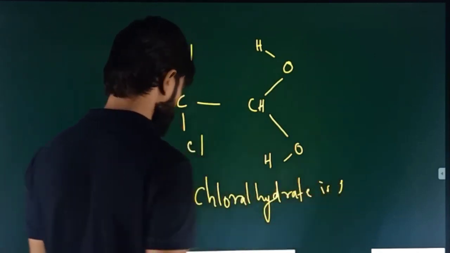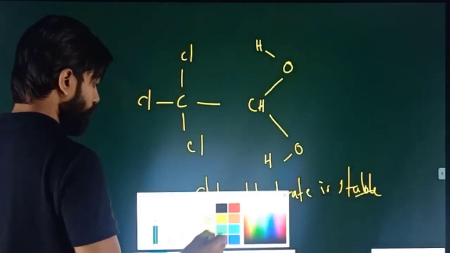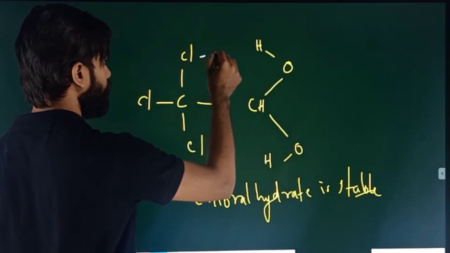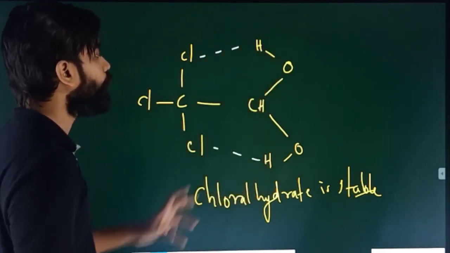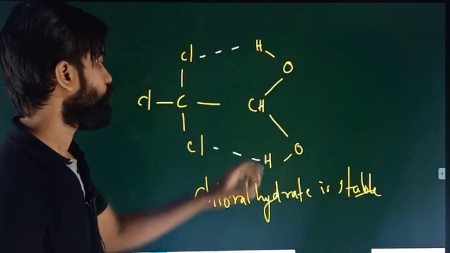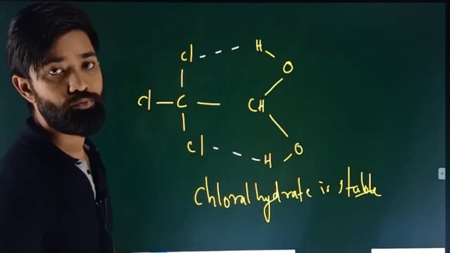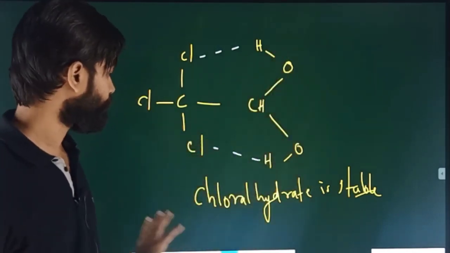Why is chloral hydrate stable? There is a chance for intramolecular hydrogen bonding between the OH and chlorine, where these OHs are trapped. So it won't eliminate as water. That's an application of hydrogen bonding.